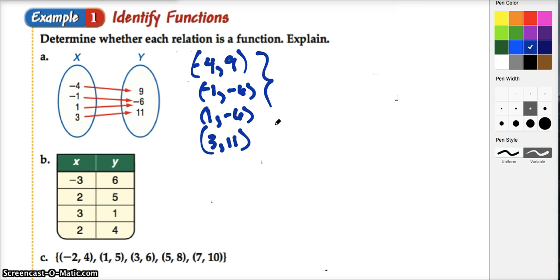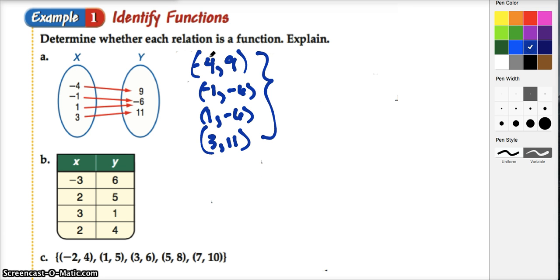Is this a function? That's the question we're asking ourselves. And the answer is yes, it is a function. Even though -1 and 1 are both going to -6, notice that -1 only goes to one value, and 1 only goes to one value, just as -4 and 3 go to exactly one value.